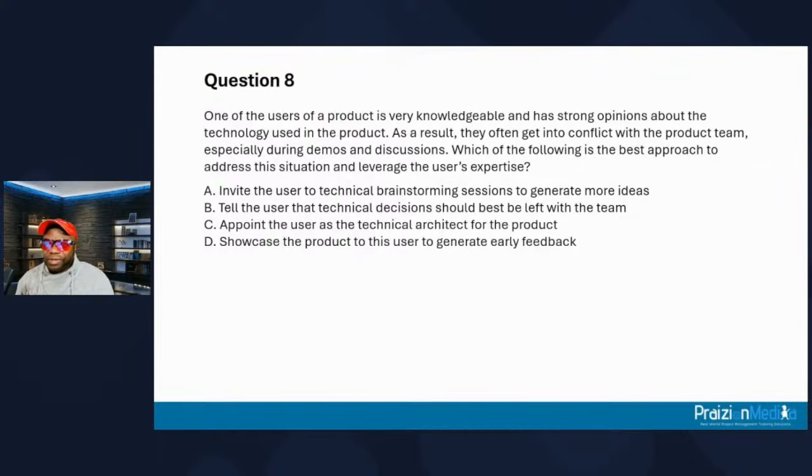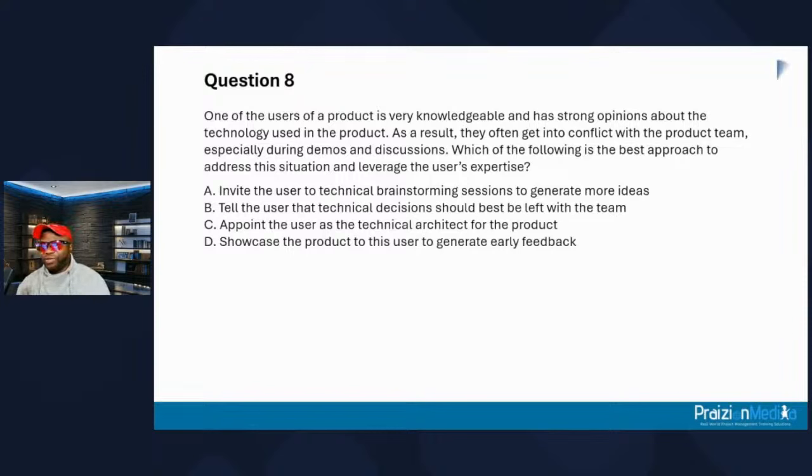Number 8. One of the users of a product is very knowledgeable and has strong opinions about the technology used in the product. As a result, they often get into conflict with the product team, especially during demos and discussions. Which of the following is the best approach to address this situation and leverage the user's expertise?